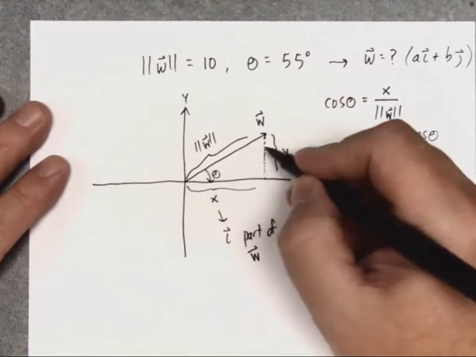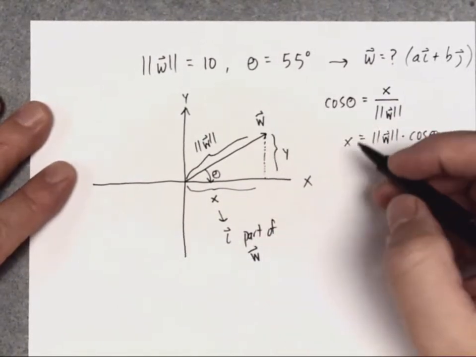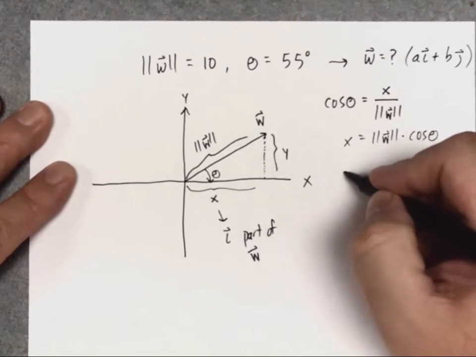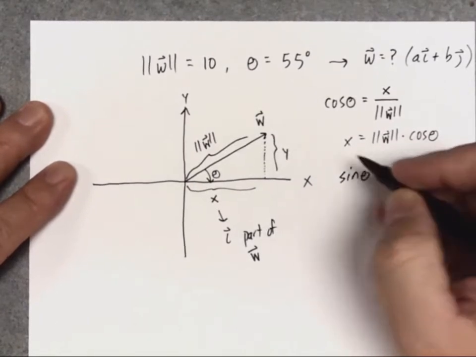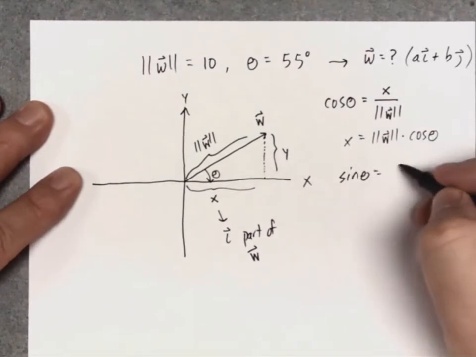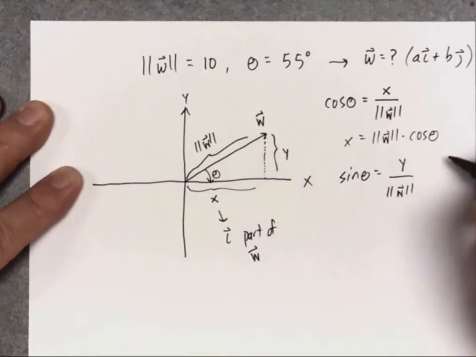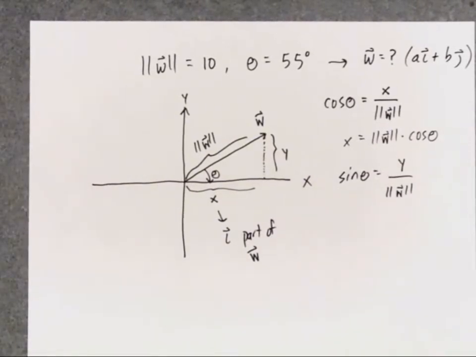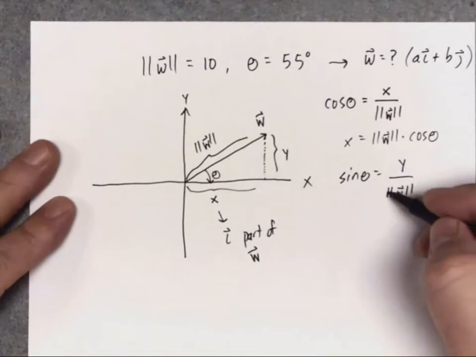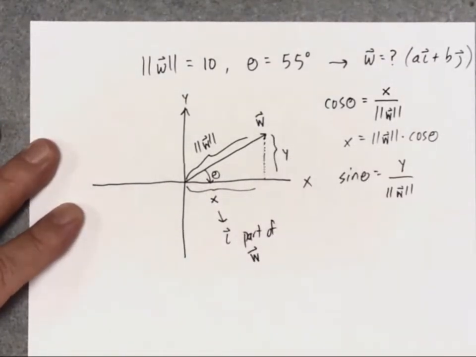Same thing if I go back here, if I think about this height, we're going to call this y. If you remember the sine of an angle is opposite over hypotenuse. So the sine of theta would be y over the magnitude of w, or basically the hypotenuse.